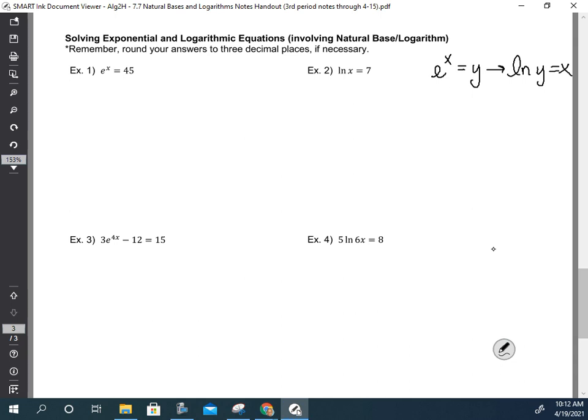Remember, natural log has an understood base of e. You do not have to write it, because that's the only base a natural log can take. So you don't have to write the natural base. Just show it.